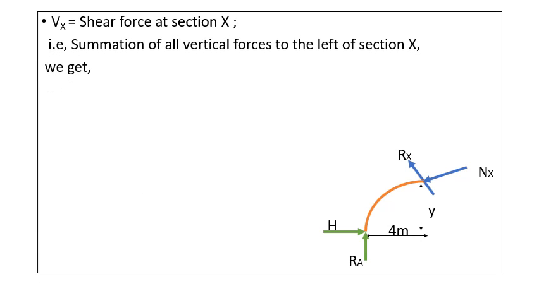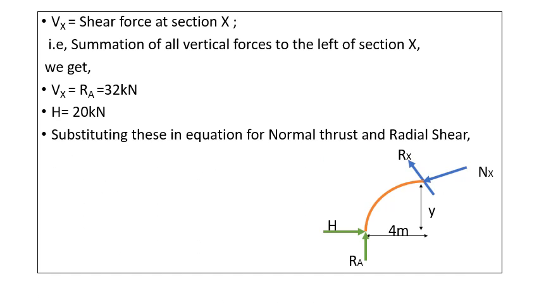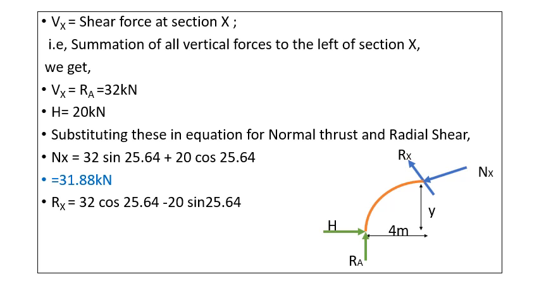So shear force at the section Vx is equal to Ra is equal to 32 kilonewton. We are just considering the left of the section, so H is equal to 20 kilonewton. If you substitute the value, we get Nx as 31.88 kilonewton and Rx as 29.195 kilonewton. Okay.